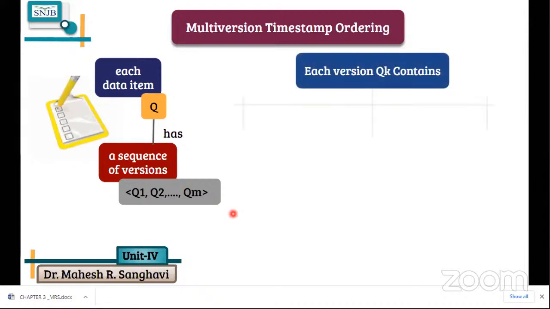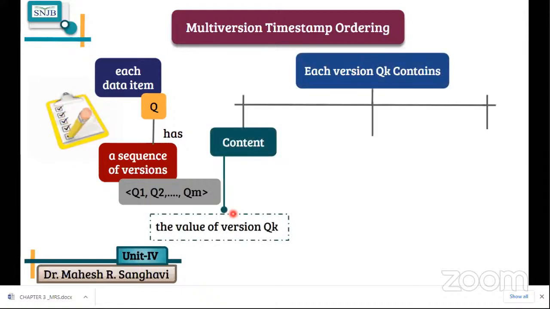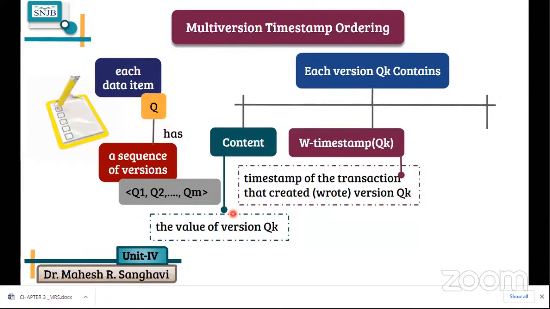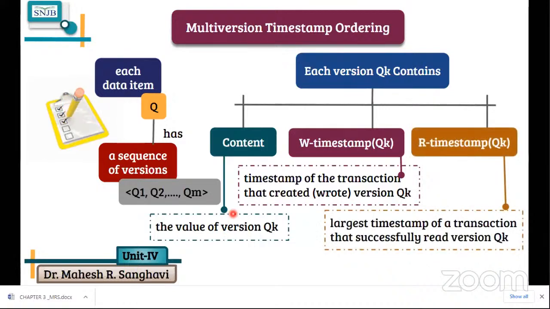Each version Qk contains the value of version Qk, the write timestamp of Qk, as well as the read timestamp of Qk. यानी कब उसको write timestamp दिया गया है और कब read timestamp दिया गया है, ये सारे वो मेंटेन करके रखेगा. तो पहले जो वर्जन था टाइम स्टैम्प, उसमें सिर्फ और सिर्फ एक ही डेटा आइटम के ऊपर हम लोग काम कर रहे थे.